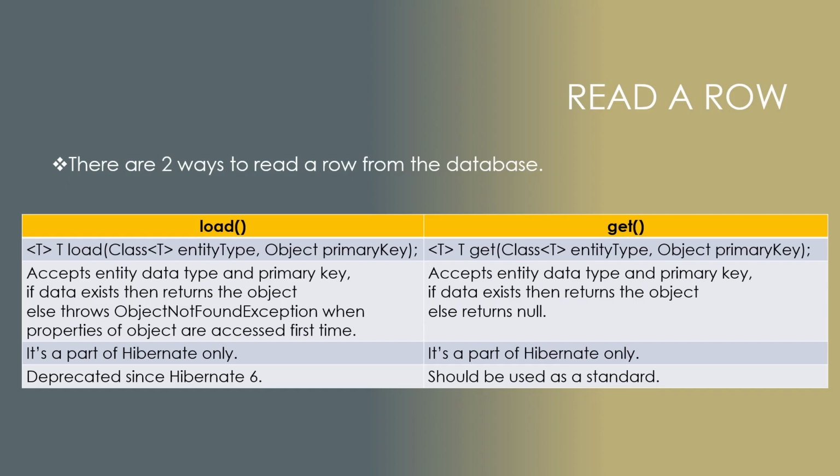Instead, whenever you try to access any of the properties of that object, then it will throw you the exception, ObjectNotFoundException. Let's try to understand this. So here we told it load Owner.class, comma, let's say ID as 100.